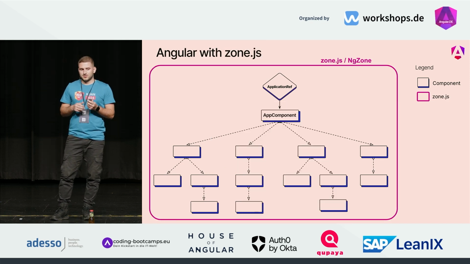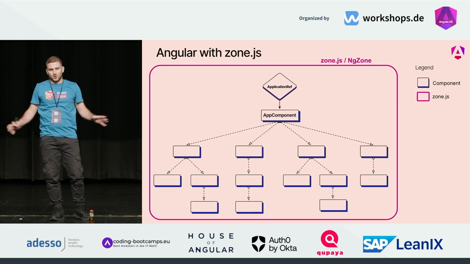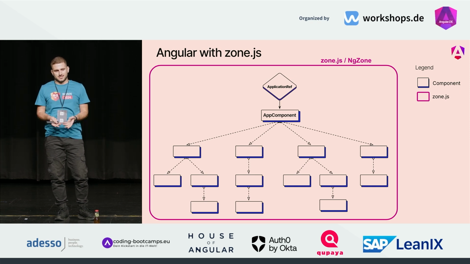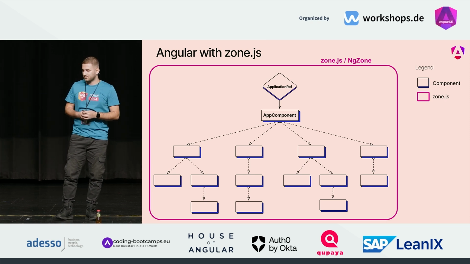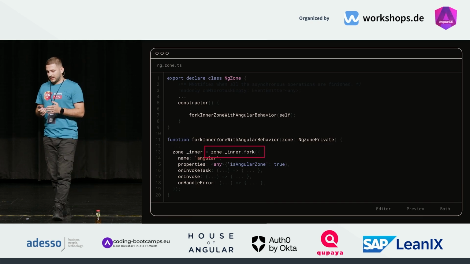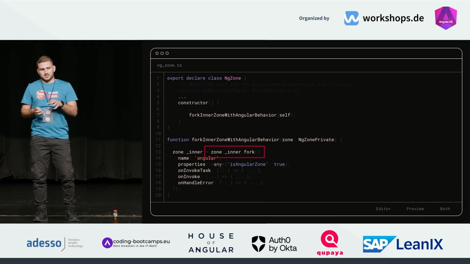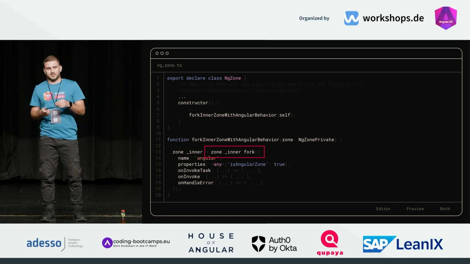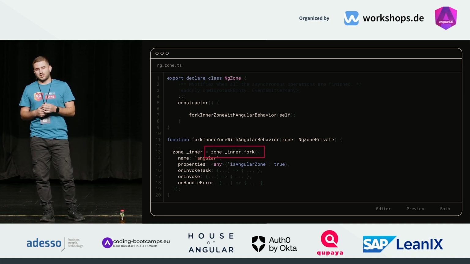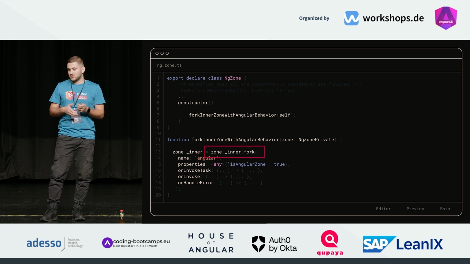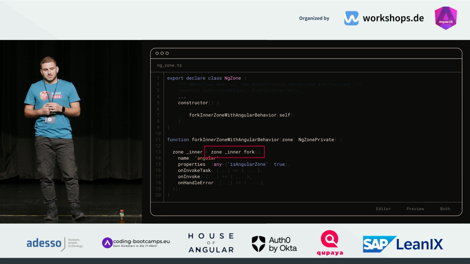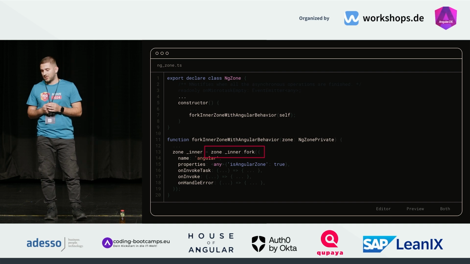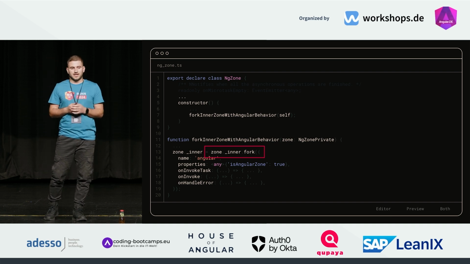So Angular with Zone.js is like this tree of components, but wrapped with Zone.js. So Zone.js is listening to this tree. What Angular also does is, after Zone.js, which we import in every Angular application today, is imported in our browser, Angular will create a fork of that bigger zone that wraps the browser, and of course create the NgZone class.